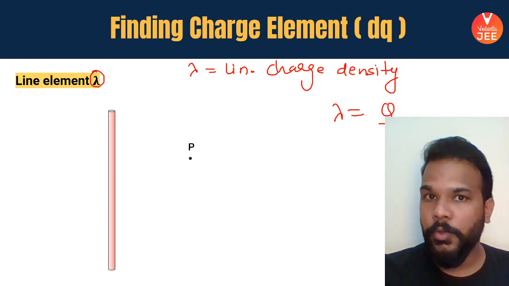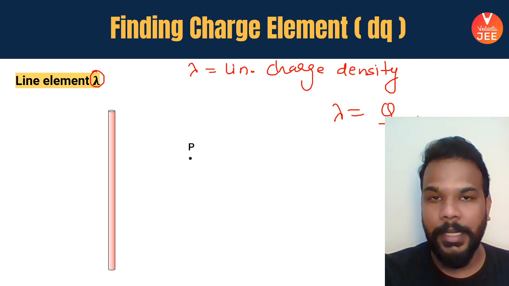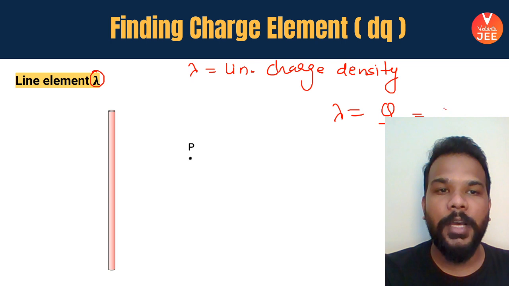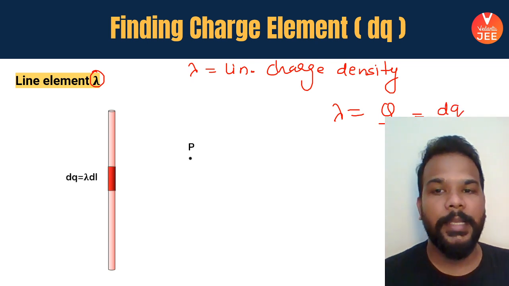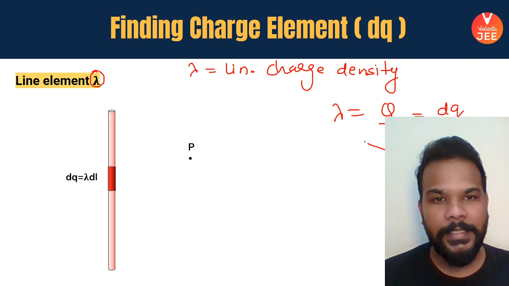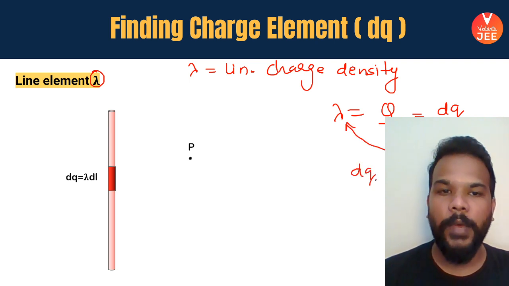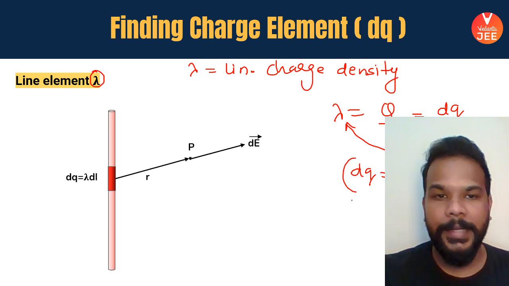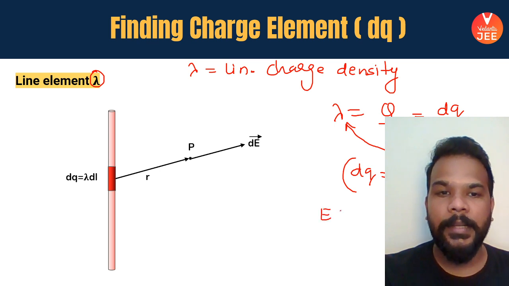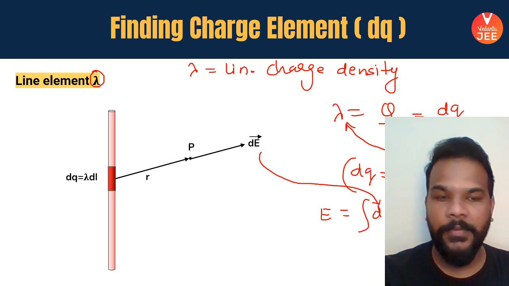And we are going to divide the entire continuous charge object into small charge elements, and say each charge element has a charge dq and has a length dl. So if I take this dl here, then the dq value is nothing but lambda dl. And because of this charge, we'll try to find out the electric field dE, and the net electric field is going to be the integral of this dE.